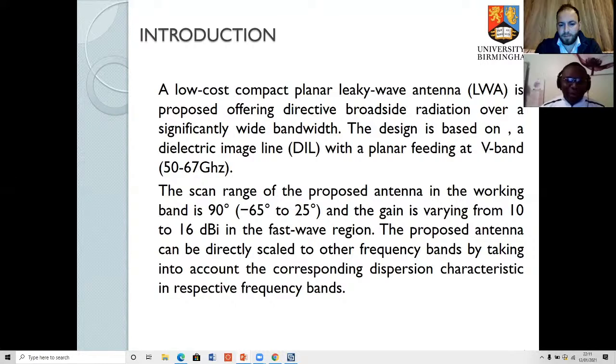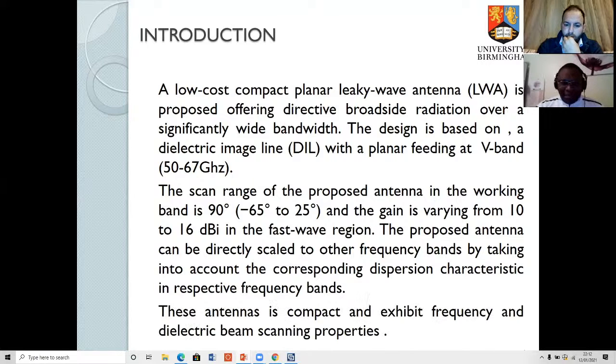It's very simple, unlike other antennas that use electronic or active components to scan the beam. This antenna does not use any of those components. It's just a simple antenna that will give you very wide beam scanning. And as you can see, we have a gain of 16 dB for this particular V-band. We'll be looking at the design very soon.